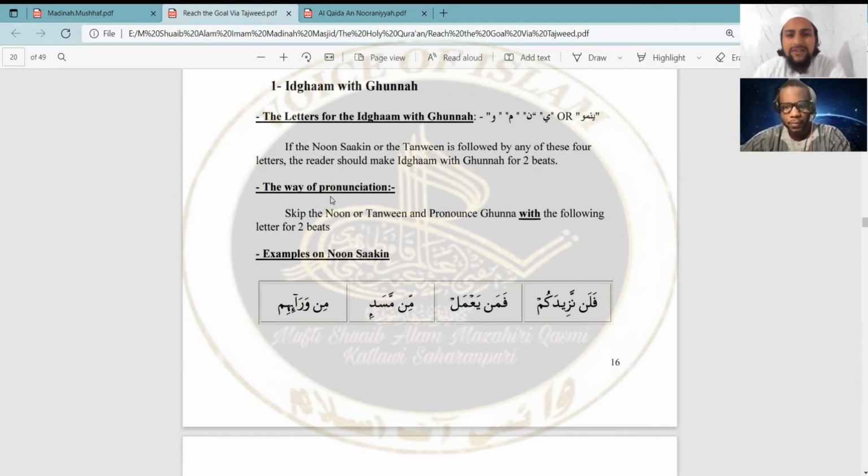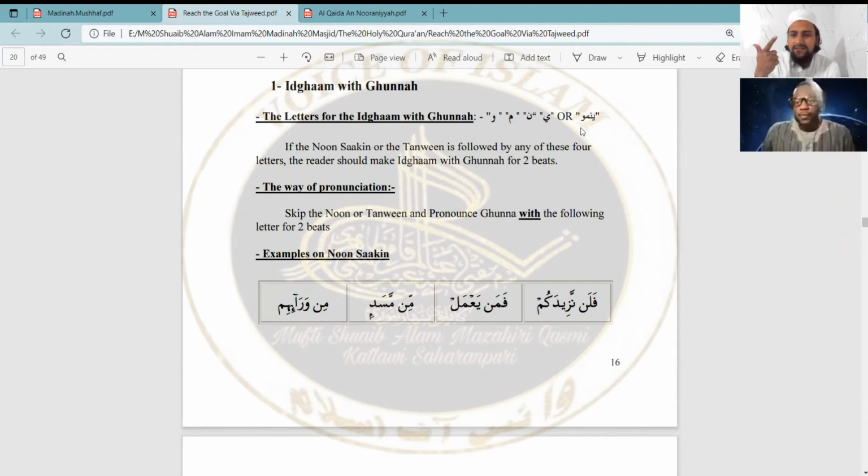So first, idgham with gunna. The letters for idgham with gunna are ya, noon, mim, waw. The collection is yanmu. It was yarmalun, so we selected 4 letters: ya, noon, mim, waw, and 2 are left, lam and ra.